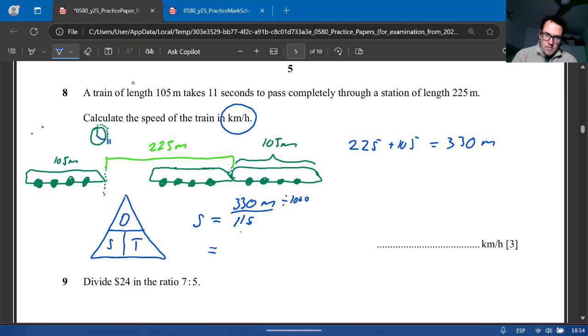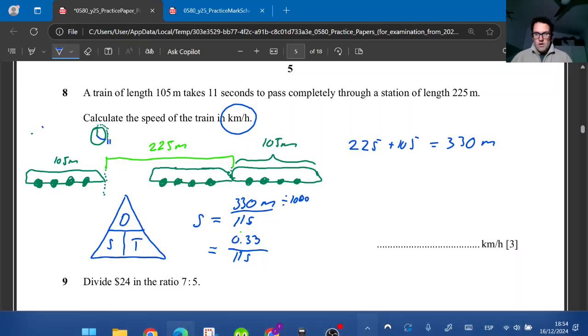Divided by 1,000, which is 0.33. Check it with your calculator. Okay. And then, let's leave it at that. Divided by 11 seconds. I like it. So, you can see what that is.